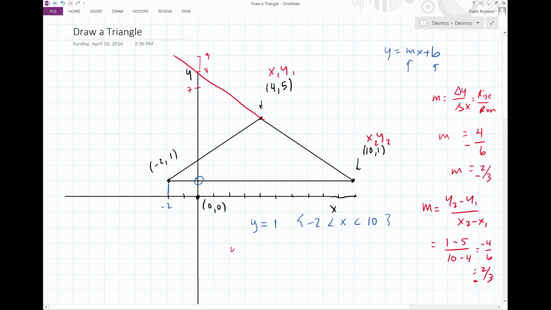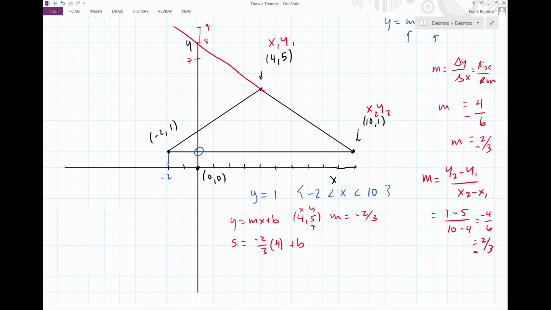So we take y is equal to mx plus b. We take a point, let's say 4, 5, and we got the slope, right? Negative 2/3. All right, let's pop it in. This one's x, this one's y. Y is what? 5 equals the slope, negative 2/3, times x, which is 4, plus b, which I'm looking for.